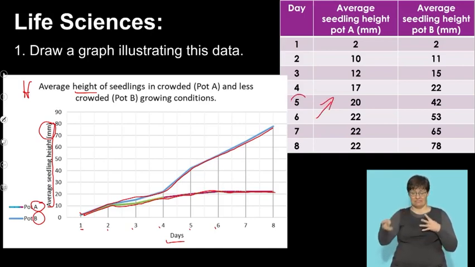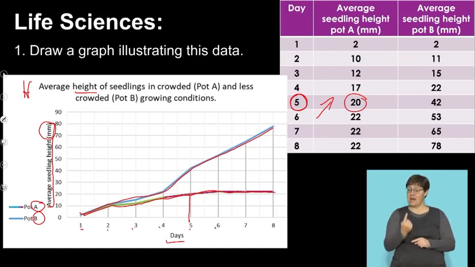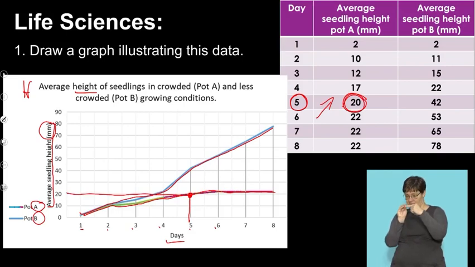So let's see how I would have plotted, for example, day 5's data. For pot A, at day 5, I go up at 5, and I have to see that my seedling height is 20. I would measure along and I would plot my point. What would be happening in terms of pot B on day 5?